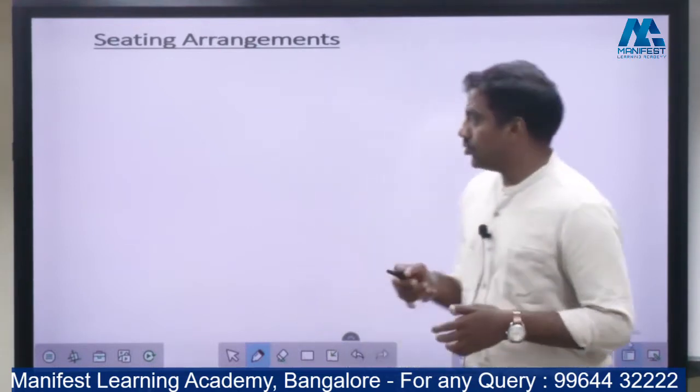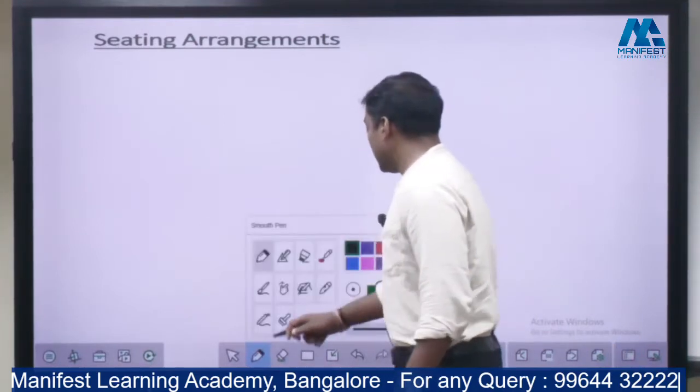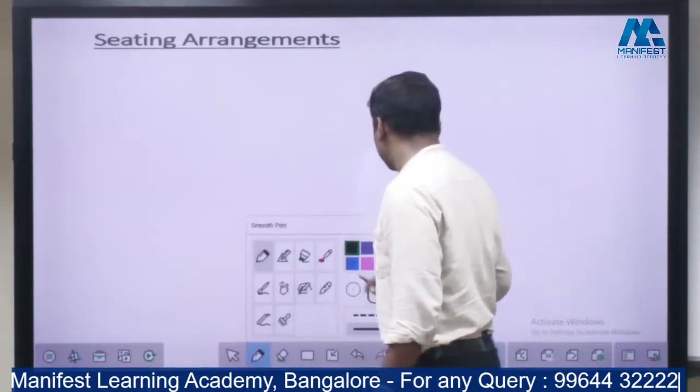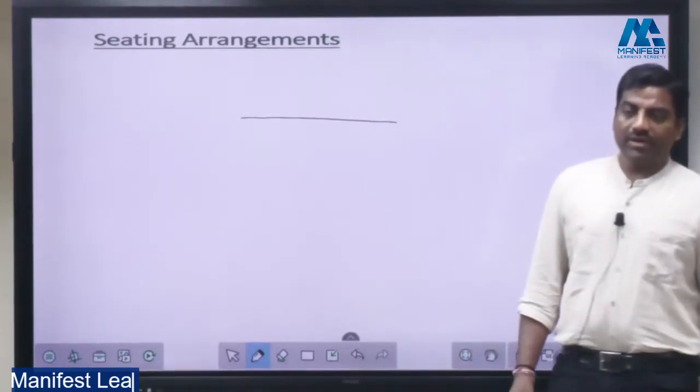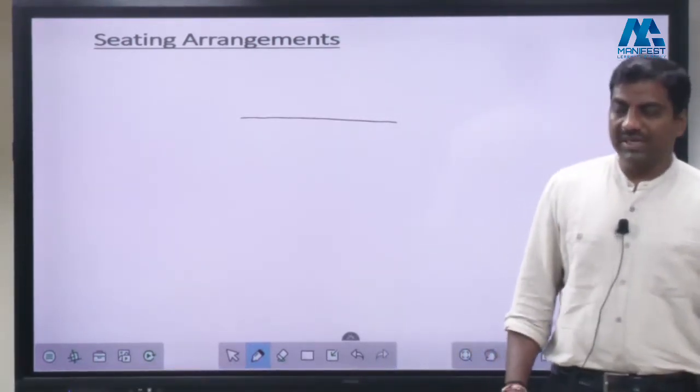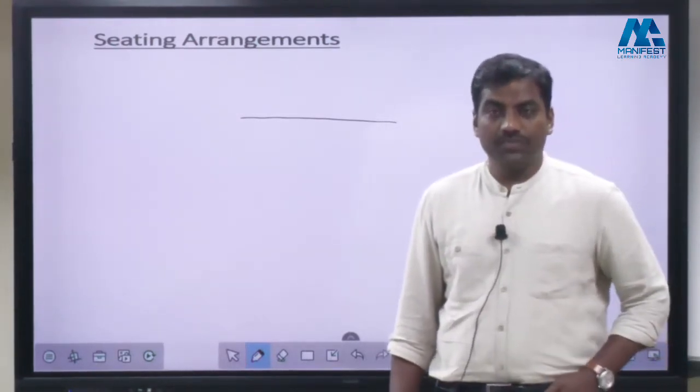Okay. So when it comes to a very simple seating arrangement, it is a linear seating arrangement. But already we have studied a chapter in logical reasoning, that is directions. Yes or no?